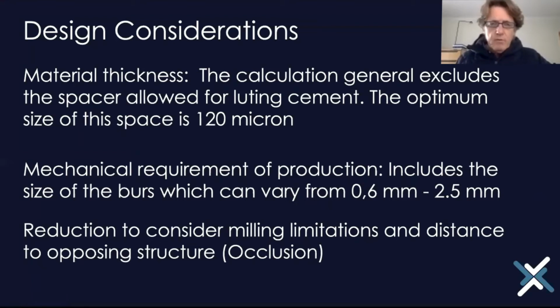So if you have a material thickness of 2000 microns, then you have to take away 120 microns. So you're now going to have a restoration 1980 in thickness. Am I right? Maybe 1890. No, I told you my math's not so great. But in any event, you've got to deduct the thickness of the spacer from your materials.